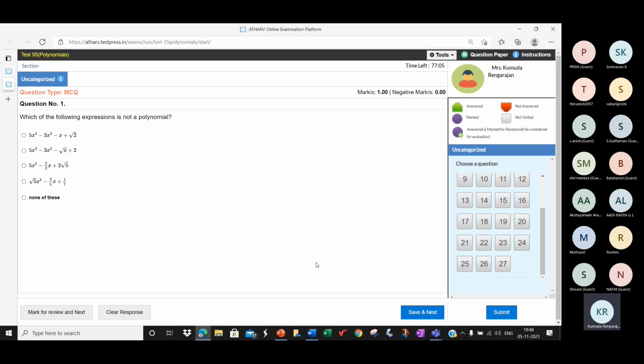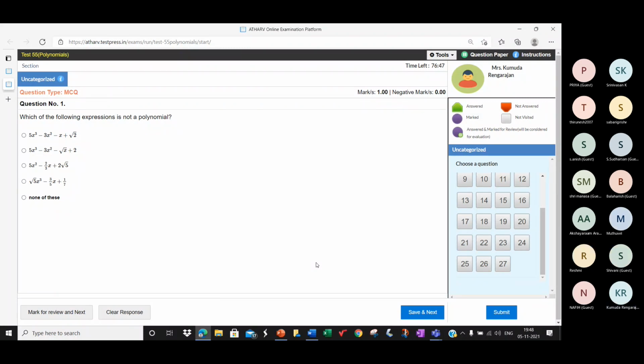Which of the following expressions is not a polynomial? Option B. Option B, ma'am.